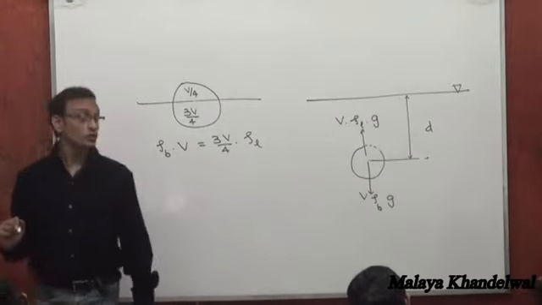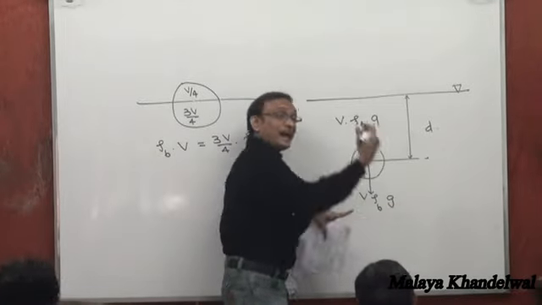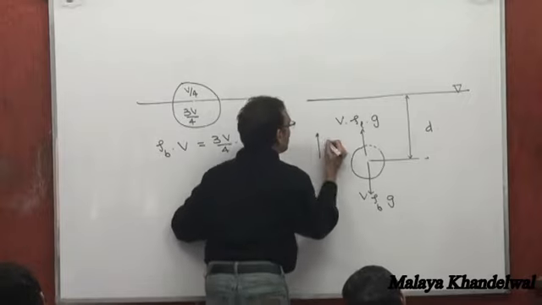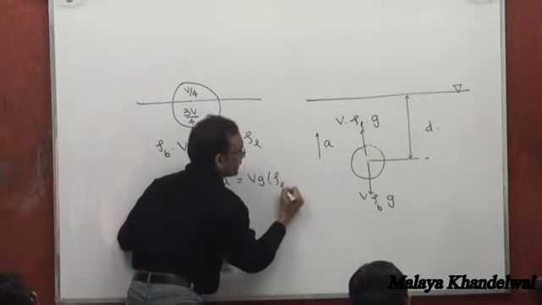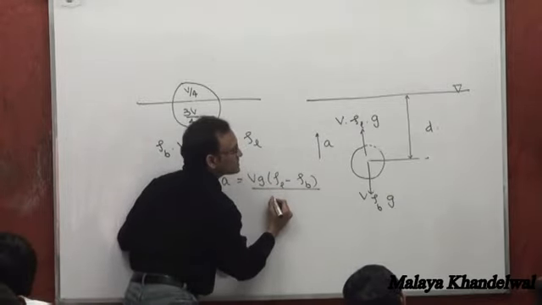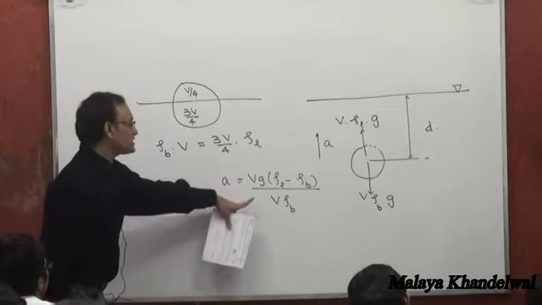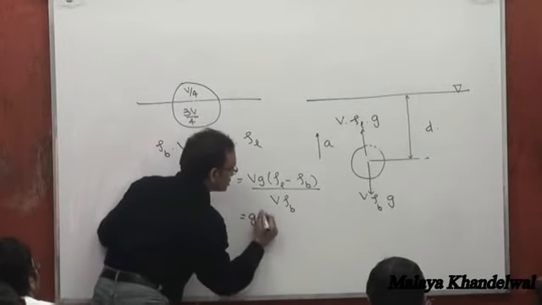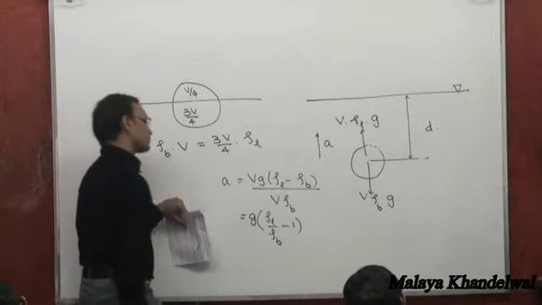So the net force acting would be this minus this, and that divided by mass would be the upward acceleration. So the upward acceleration a is Vg into (rho L minus rho B), the net force upwards, divided by the mass, which is V into rho B. That's the upward acceleration, and you can see from here it's g into (rho L by rho B minus 1).